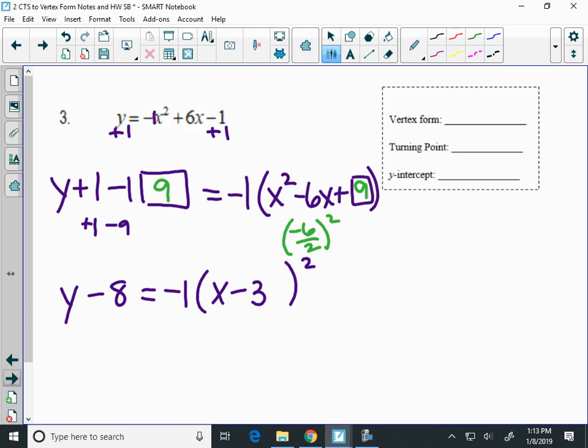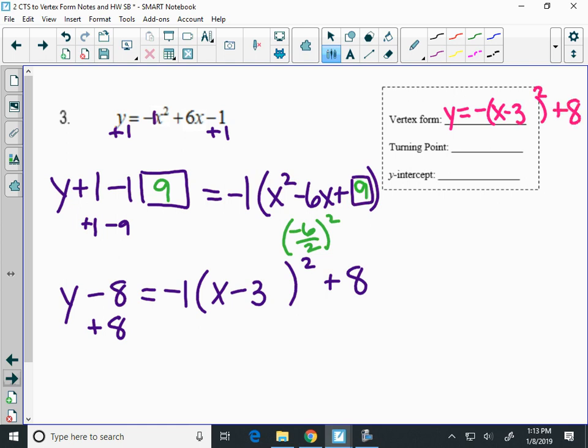Now we kind of know what's going to happen. So all you have to do is add the 8 to both sides, and you have vertex form. So your vertex form up here is going to be y equals negative, now you can put negative 1, I'm just going to put a negative, x minus 3 squared plus 8.